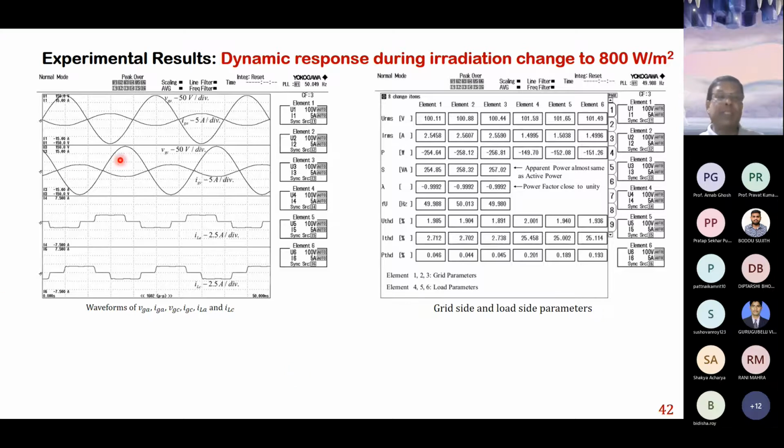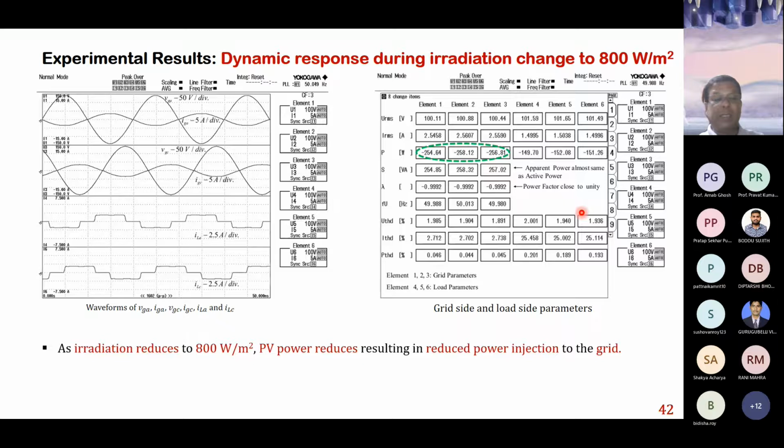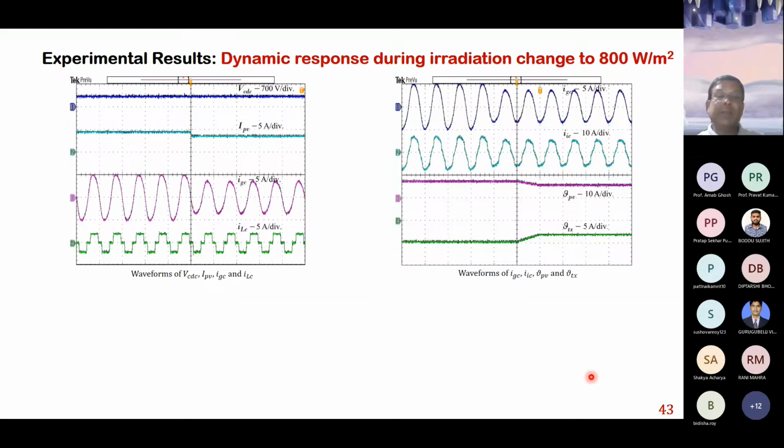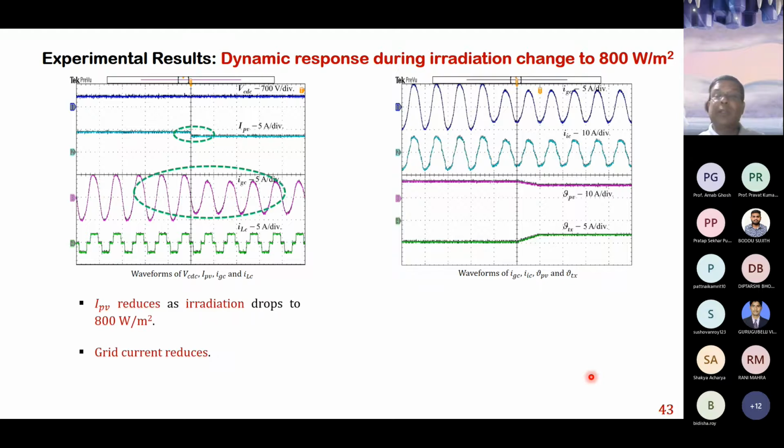So the dynamic response during irradiance change to 800 watt per meter square: we also noticed the voltage and current waveforms, and these are the grid side and load side parameters. The observation is that as the irradiance reduces to 800 watt per meter square, the PV power reduces, resulting in reduced power injection to the grid. And these are the waveforms obtained when we change the irradiance to 800 watt per meter square.